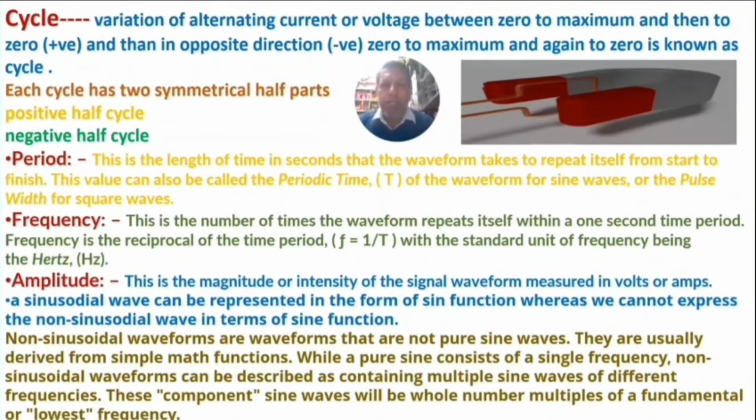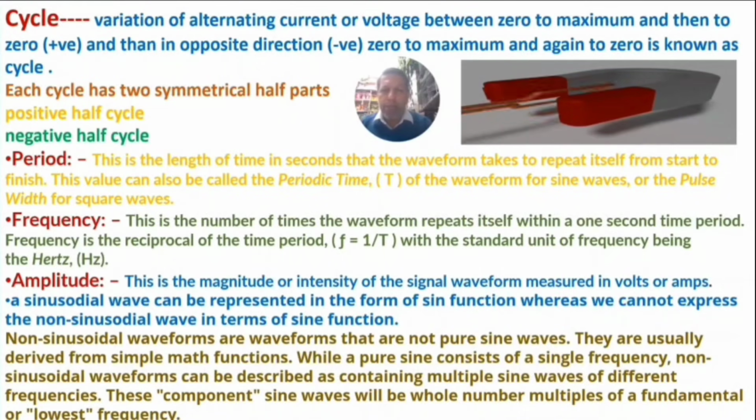Cycle: variation of alternating current or voltage from 0 to maximum positive, then to 0, and then in the opposite direction to negative maximum and again to 0 is known as a cycle. Each cycle has two symmetrical half parts: positive half cycle and negative half cycle. Period: this is the length of time in seconds that the waveform takes to repeat itself from start to finish.